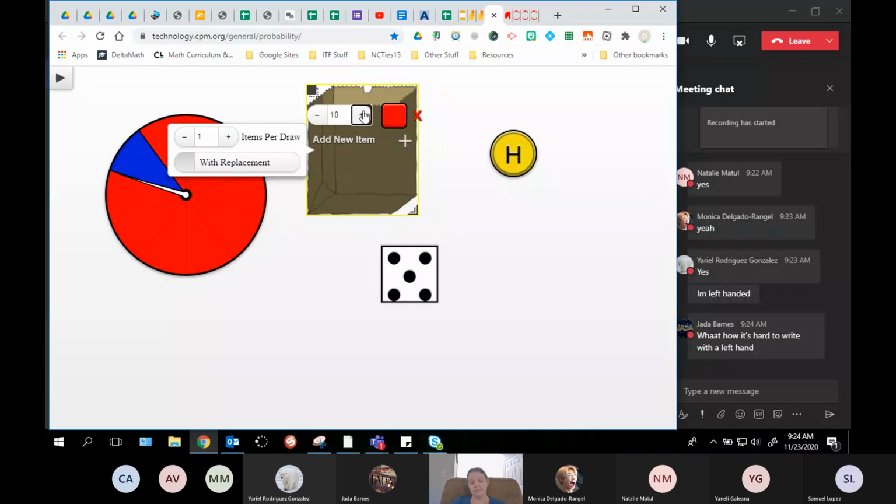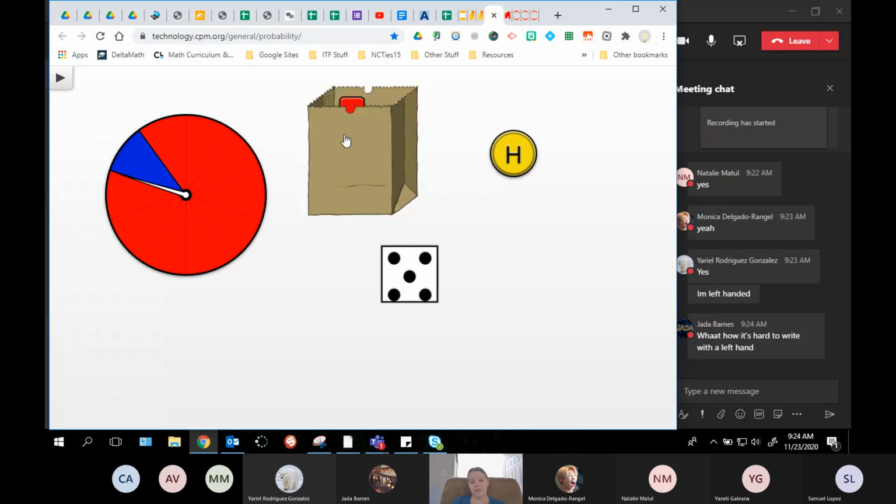Make 10 of them and change colors, okay? So I might choose the spinner or the bag for this situation. Any questions about why I would choose those two?